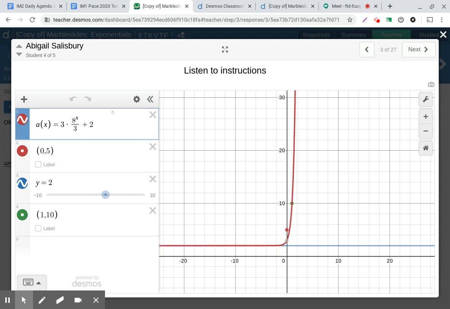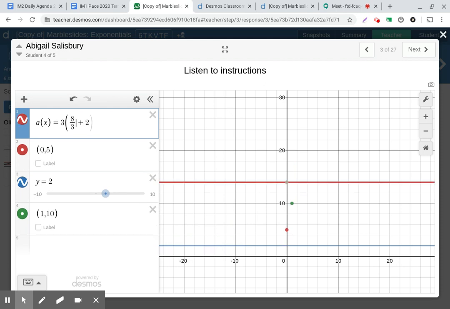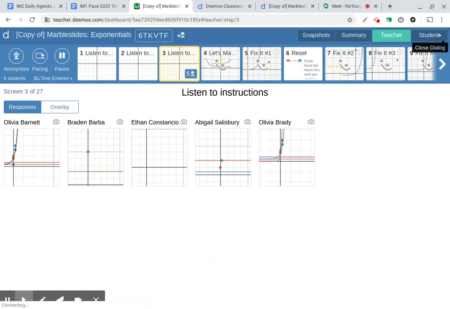Oh, okay. Because right now it's only doing the 8 to the x. Okay. It'll look kind of like this. There we go. Yeah, you got it.